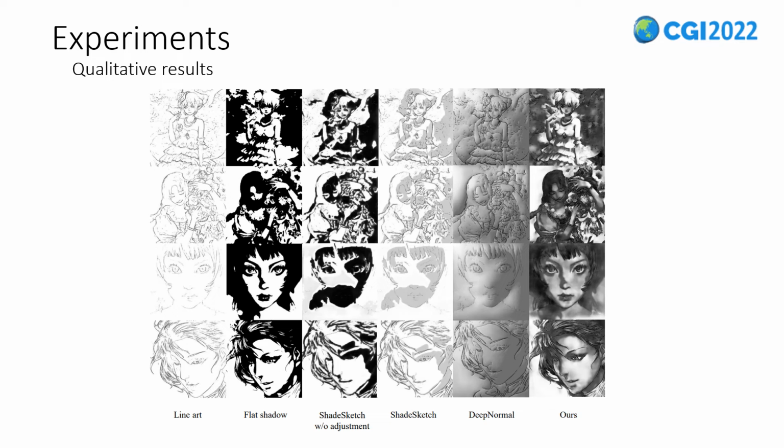And the results provided by DeepNormal also didn't work very well, as they look more like indentations on paper. But our results are more like semi-realistic shadow. We can see they are more significant on the face image.